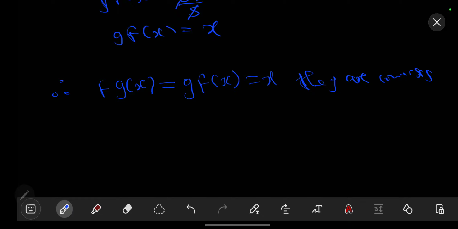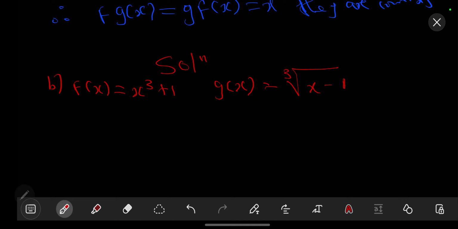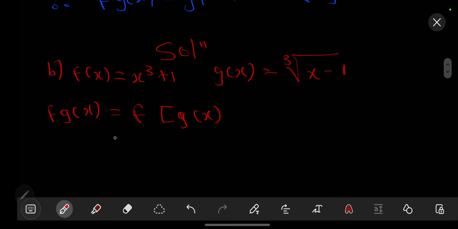So let's look at the next problem. For B, we are going to do the same thing. We are going to first find our fg of x, which should be equal to f where there is x in f, we are going to put g of x. What is our f? Our f is equal to x cubed plus 1.